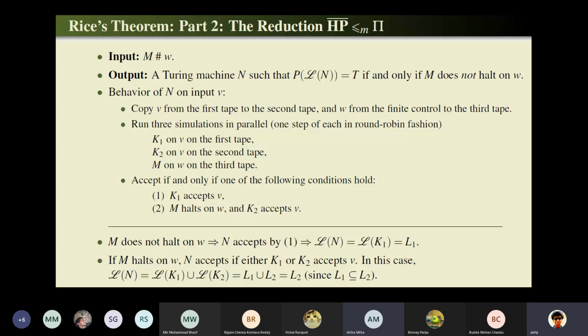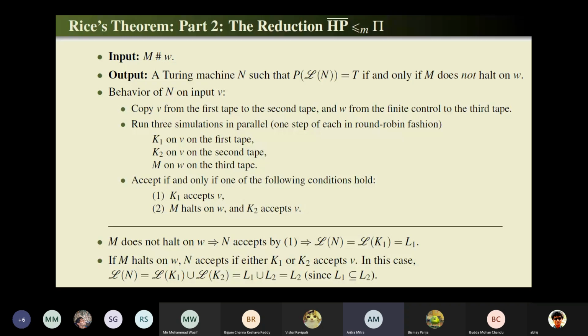But one thing that is not clear is how you enforce the condition of M halting on W or not. Okay, there may be other ways. If you can work it out, do it. Okay, so there is a loophole.